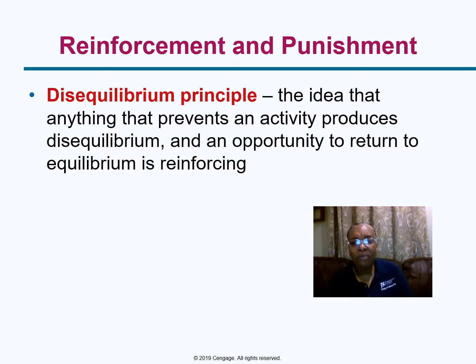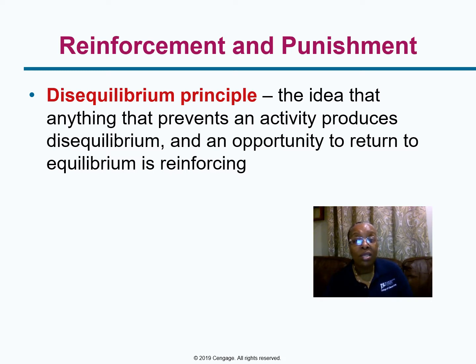Now, there are some events that work extremely well as reinforcers for some people and not for others. We might guess that some reinforcers are biologically useful for a person, but many are not. If someone has been deprived of the opportunity to engage in a particular behavior, then the opportunity to return to that behavior is going to be reinforcing.